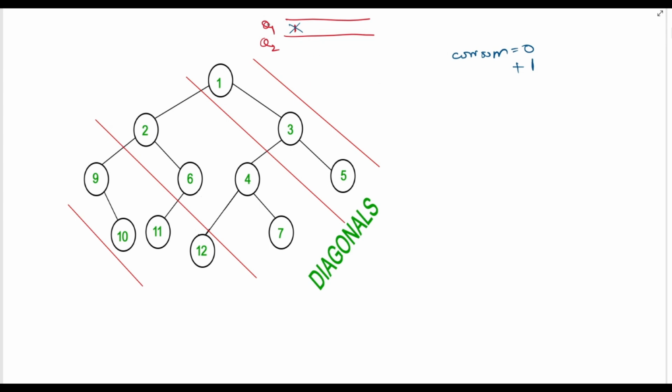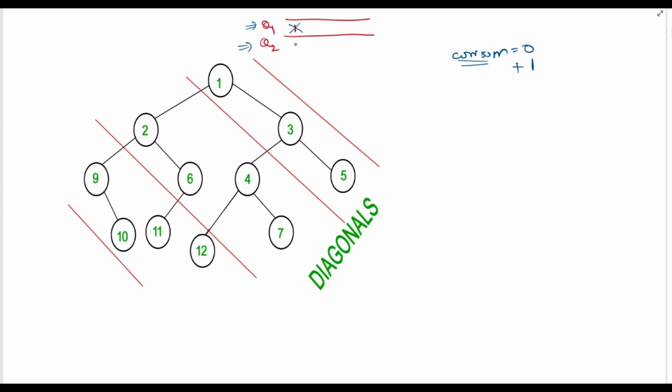Why? Because Q1 is basically all the elements that you are going to consider to add to the current sum in that particular iteration, and Q2 will be all the elements that you will be taking for the next iteration, right? So this is Q1. We are taking this one, and as I said, you will take its right node also in the same iteration, and the left node in the next iteration.